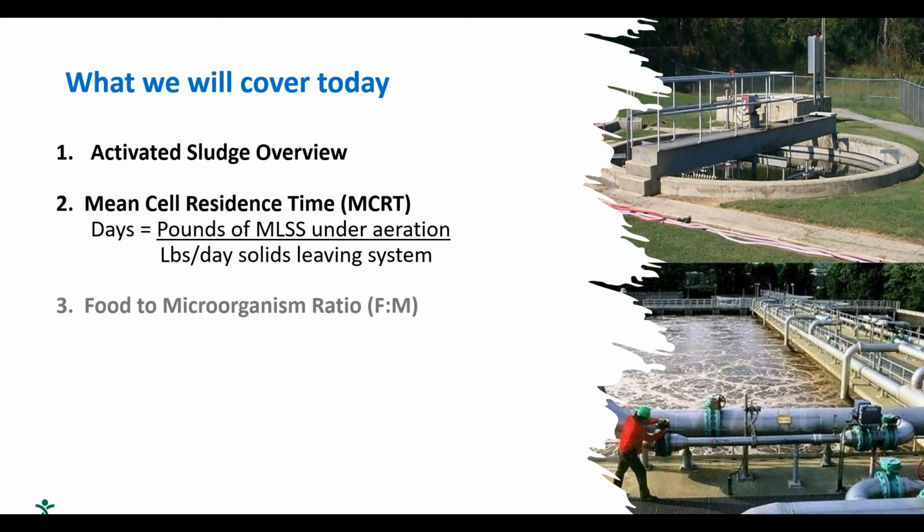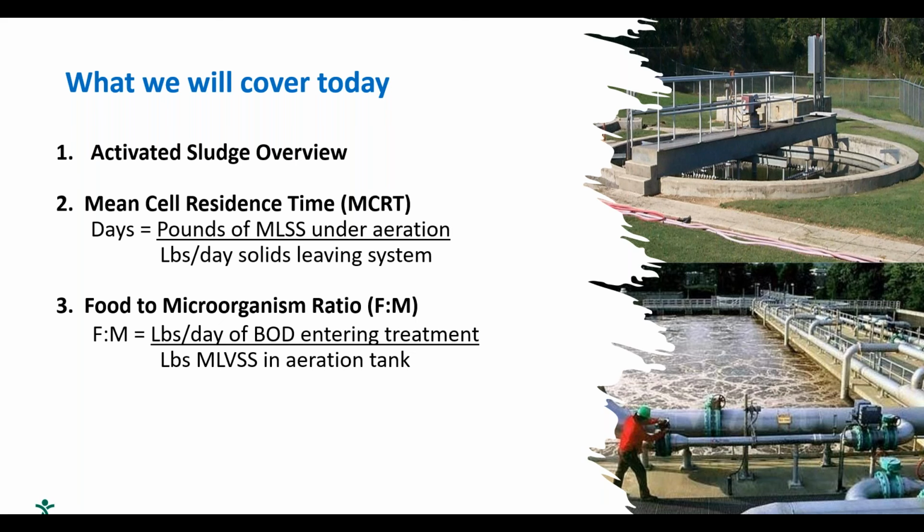And then the second formula is the food to microorganism ratio. It gives us what we consider to be a dimensionless or unitless ratio of the food to the microorganisms in our aeration system. With activated sludge plants, it's very difficult to apply a one-size-fits-all method of process control, but there are some things that are constant.